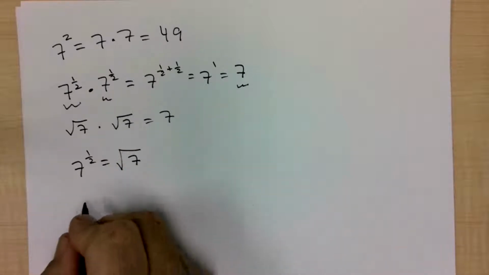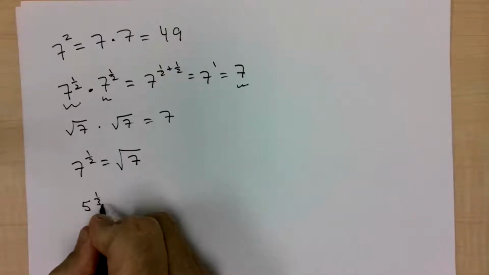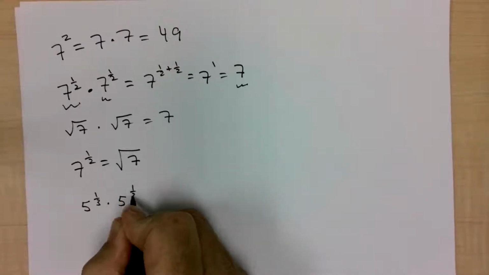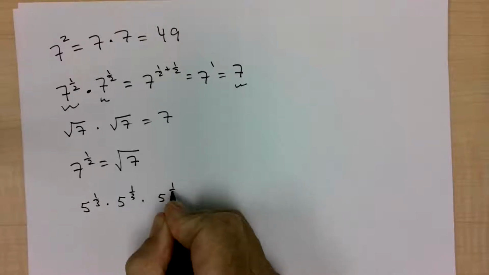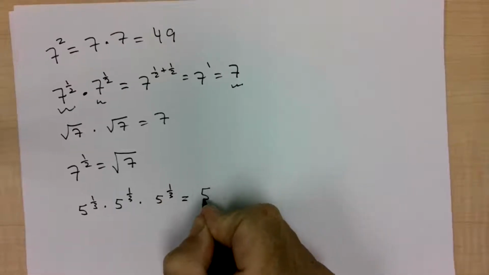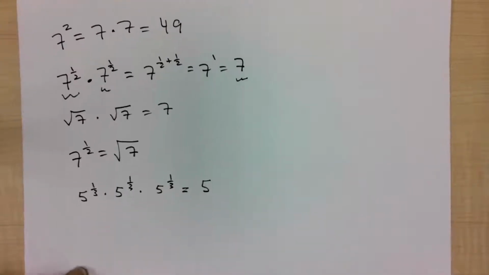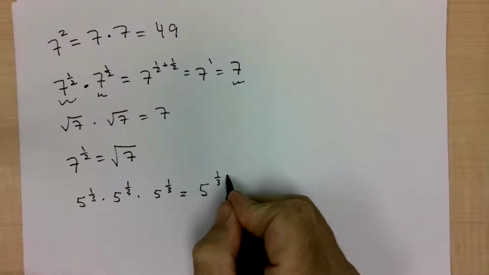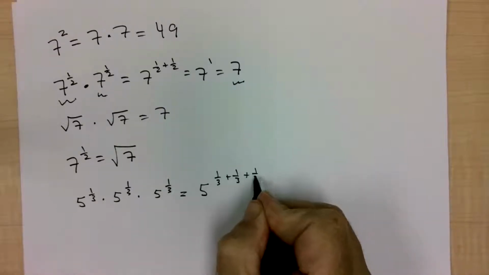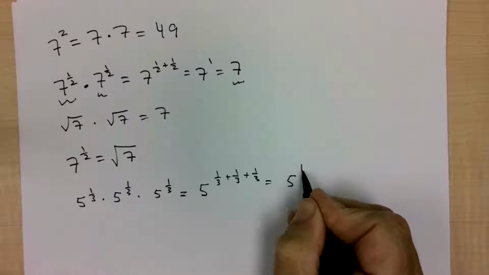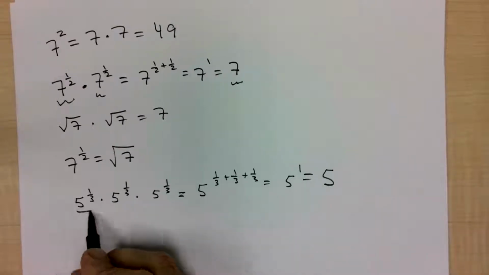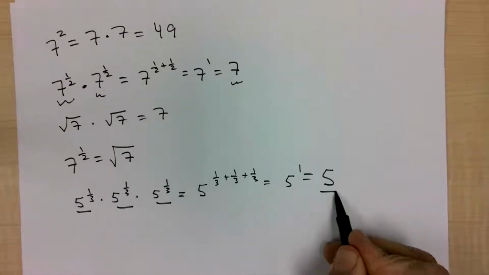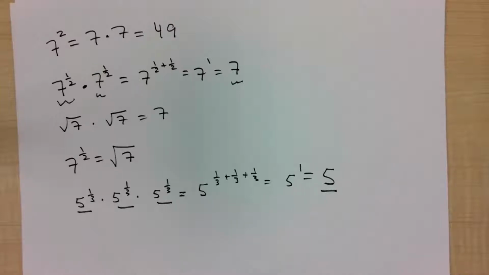Similarly, if I had 5 to the 1/3 power times 5 to the 1/3 power times 5 to the 1/3 power, that would be 5 to the 1/3 plus 1/3 plus 1/3, which would be 5 to the 1, which would be 5. So something multiplied by itself 3 times equals 5. That's the same thing with cube root of 5.